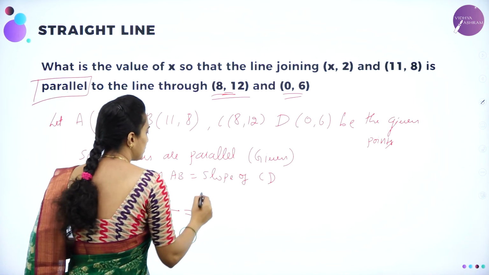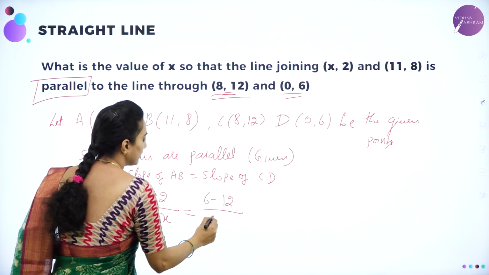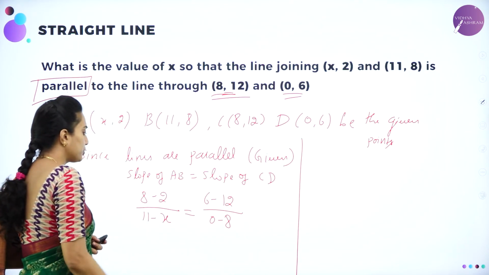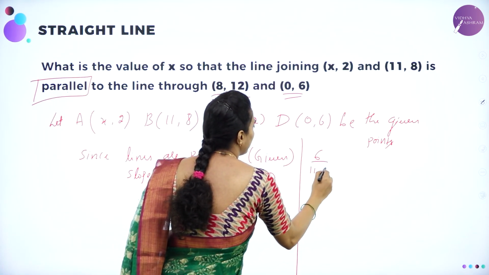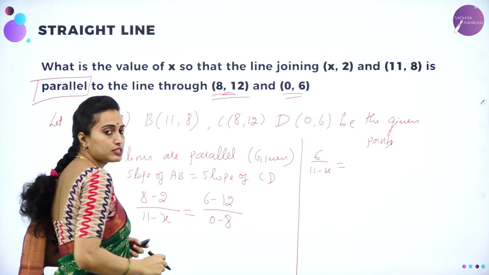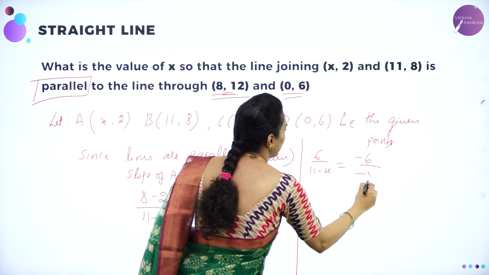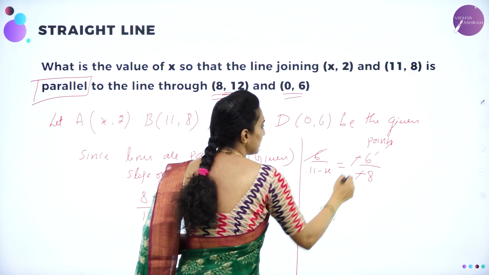That's it. Now find out 8 minus 2, y2 minus y1, divided by 11 minus x is equal to the slope of CD, 6 minus 12 divided by 0 minus 8, which implies you can simplify this one. 8 minus 2 is nothing but 6 divided by 11 minus x is equal to 6 minus 12 is minus 6 divided by 0 minus 8 is minus 8. So here you can cancel 6 and 6, correct?